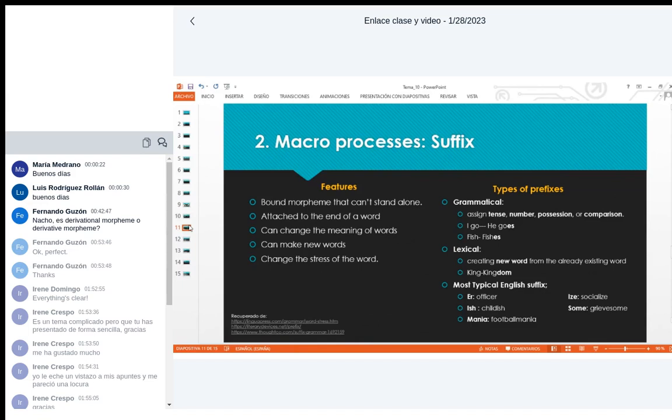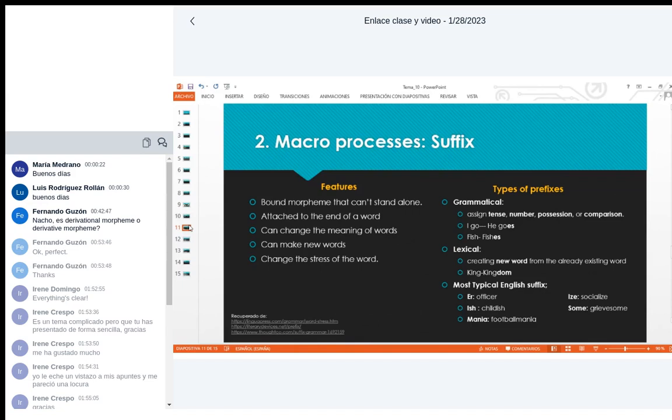Fossil, the primary stress is in the first syllable, and then because we add the suffix -ation, which is a Latin suffix, it attracts the stress towards the end, fossilization. So as you see, the primary stress has changed from the first syllable to almost the end of the word, -ation. So what kind of suffixes do we find in this case?